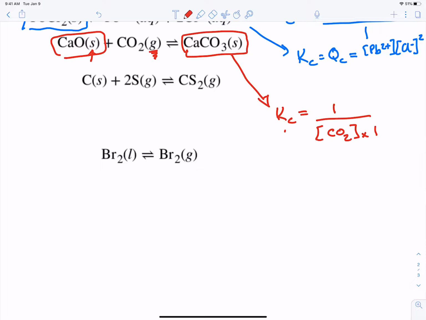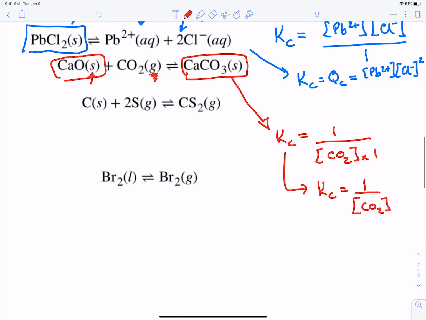So in this particular case, Kc equals 1 over the concentration of CO2. Because calcium oxide and calcium carbonate are both solids, they're not going to influence the reaction quotient or the equilibrium constant.